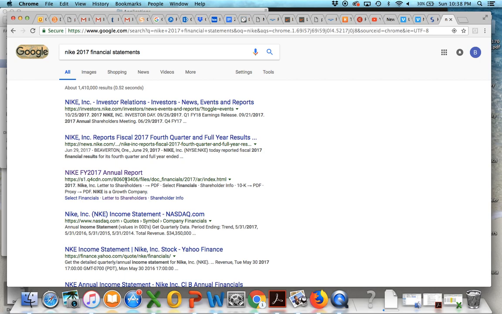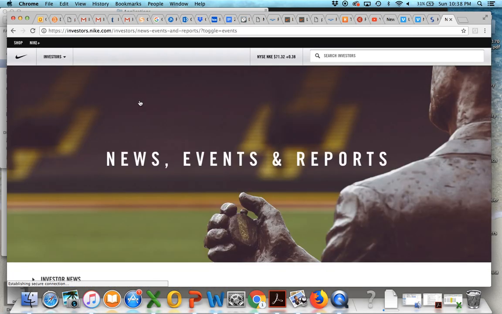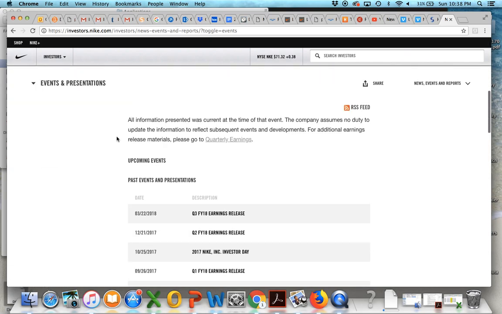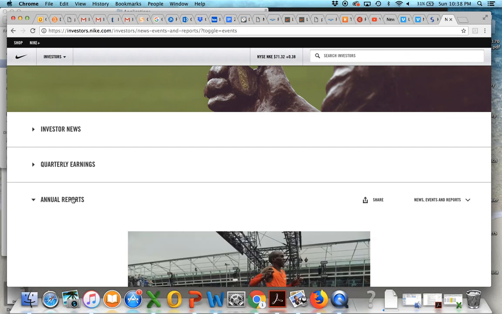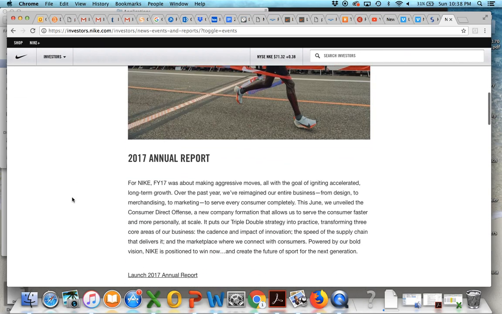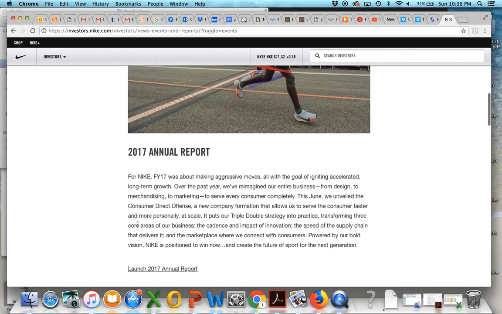Sometimes you might see something a little more crazy like this. I think Amazon's looks like this too. I think that's their back end server. But typically I'll just start with the investor page, and it'll have a few different areas. If you scroll back up a little bit, annual reports, 2017 annual report down here, the link to launch the annual report.